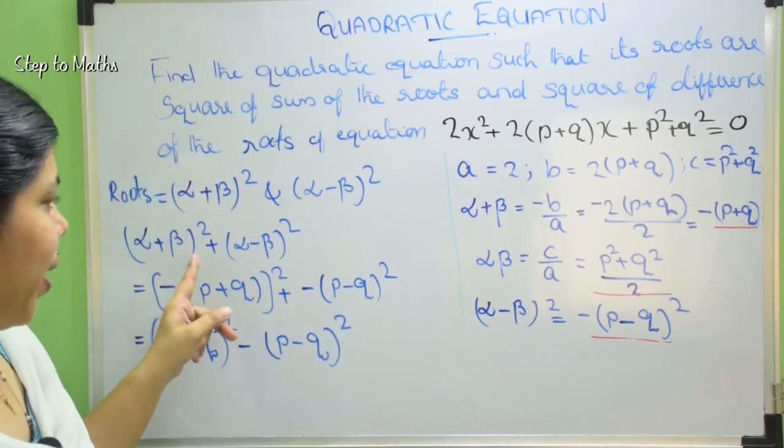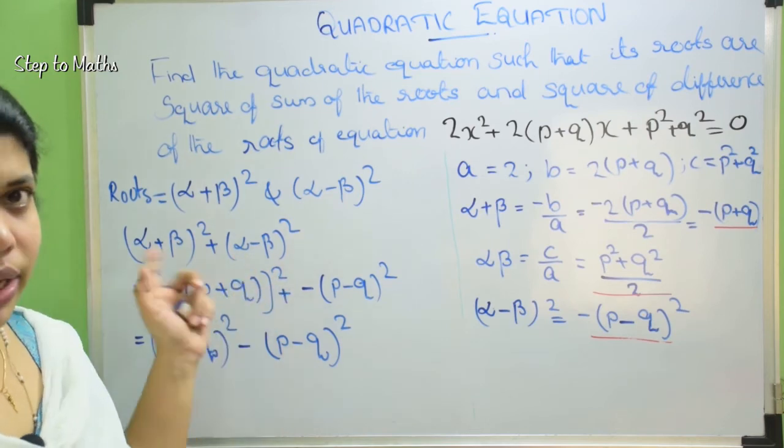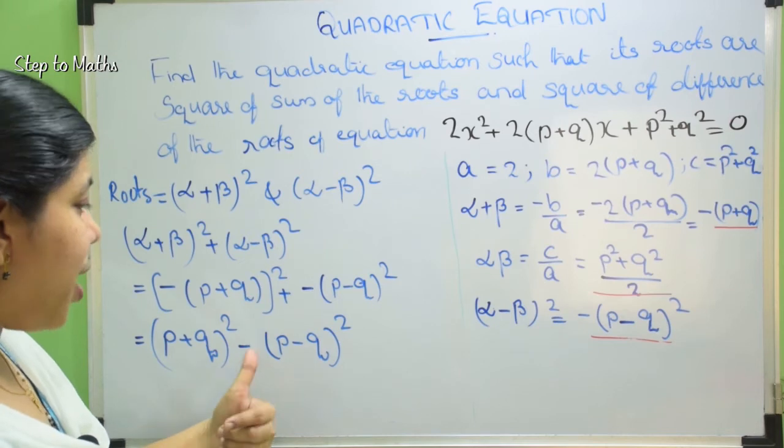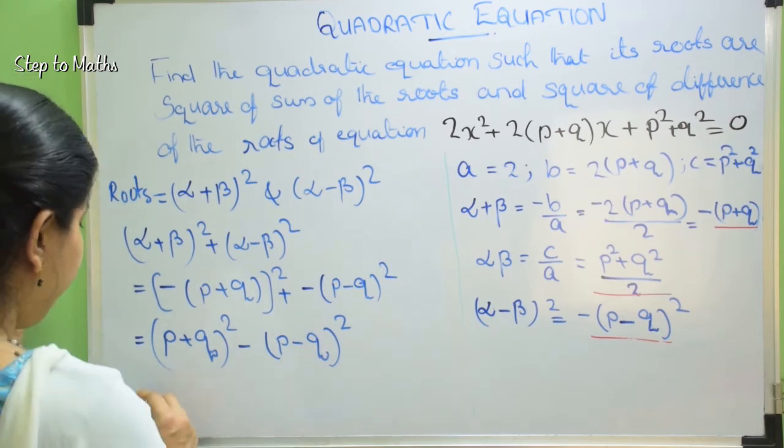Alpha plus beta square plus alpha minus beta square, that is the sum of roots, is equal to p plus q square minus p minus q square.